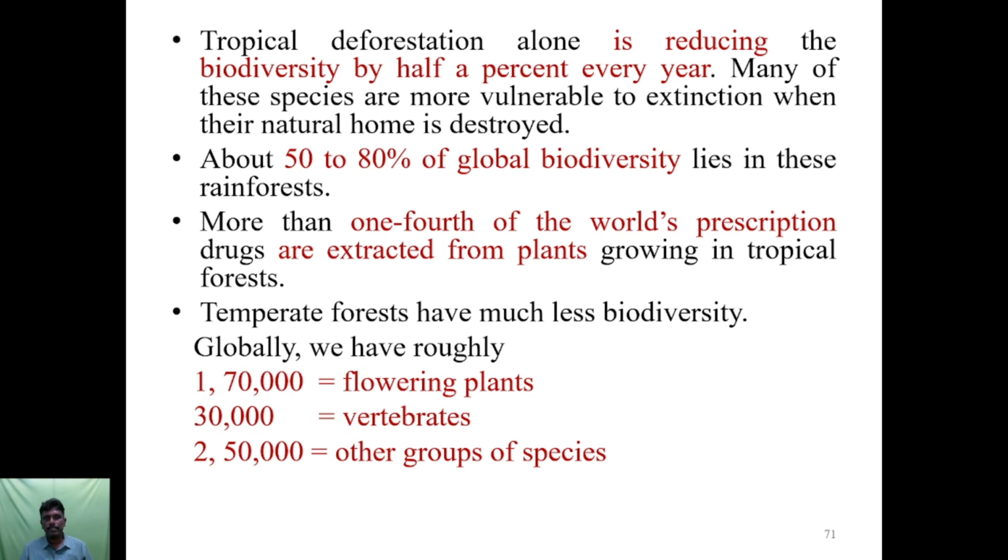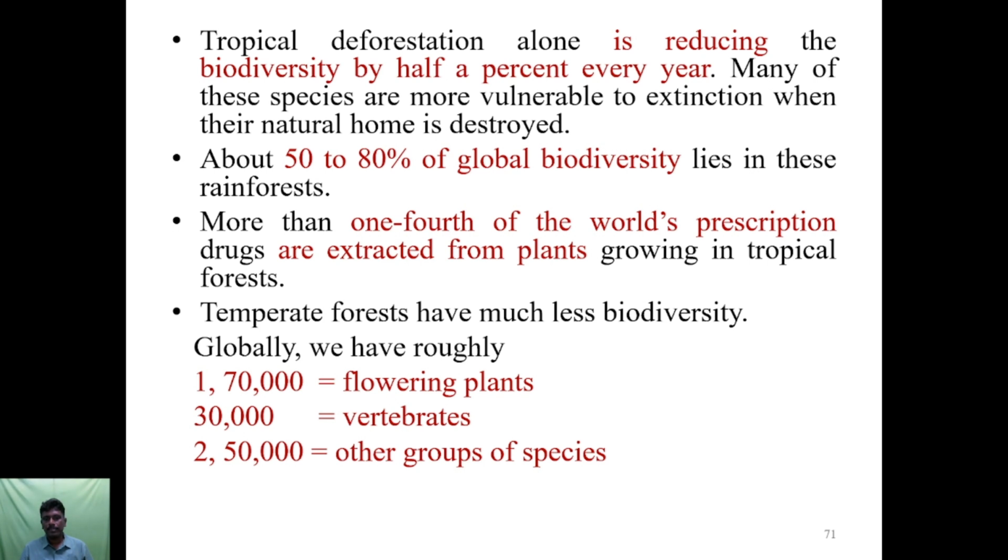Many of these species are more vulnerable to extinction when their natural home is destroyed. About 50 to 80% of global biodiversity lies in these rainforests. More than 1/4 of the world's prescription drugs are extracted from plants growing in tropical forests.